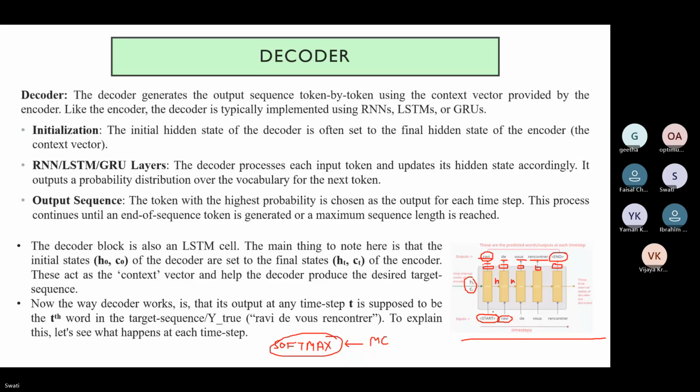Second, while giving the input to the next timestamp, instead of giving the predicted value, we will give the original, actual value from the vocabulary. Third, there will be a softmax function after the LSTM cell, which will give you the probabilities of all the words, and based on that, it will give the output, whichever one has the highest probability. So this is a decoder.